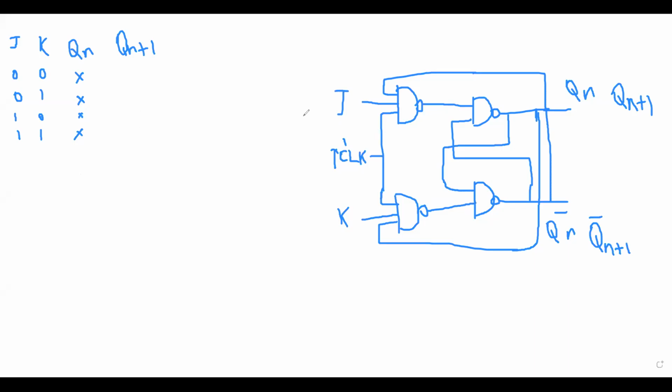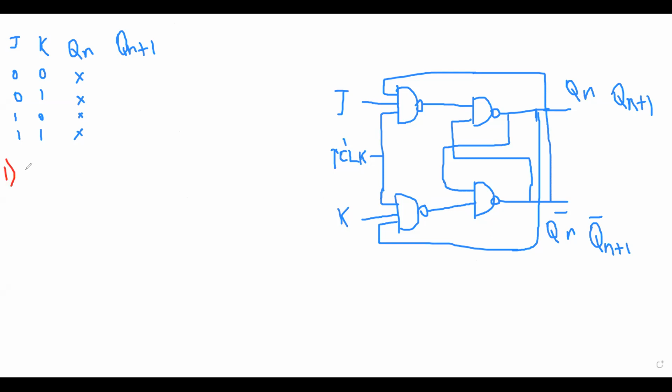I'll draw the circuit for the JK flip-flop and I'll put the truth table also, as we saw before in the SR flip-flop. Those are the same. So now we want to check the conditions for this JK flip-flop.